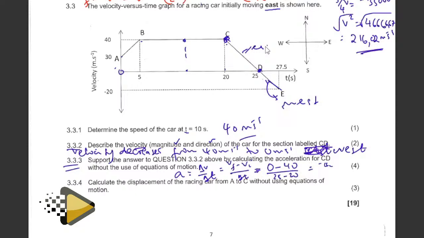So it's negative 40 over positive 5, which must give us negative 8 meters per second squared. The direction, since it's negative, is going to be west. Let me just make this east. Since the acceleration is in the opposite direction, the velocity will be in the east.